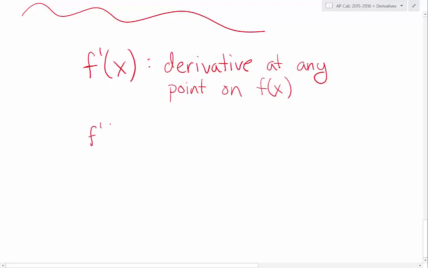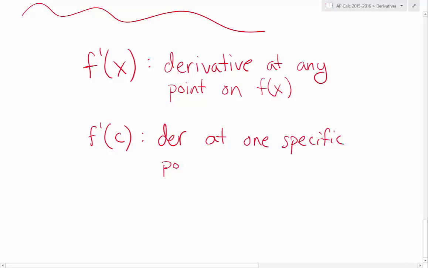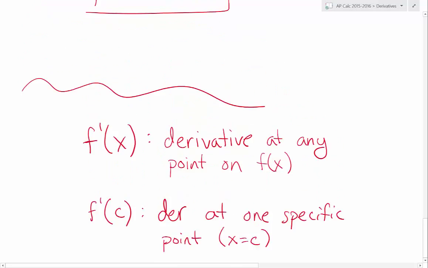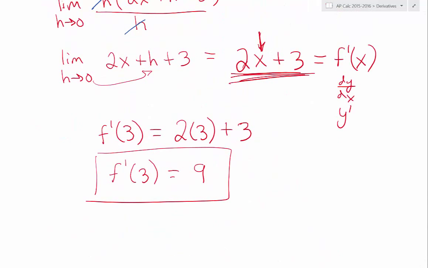So f prime of x is going to be the derivative, the slope anywhere on f of x. And then if we have f prime of some number, we could call that f prime of some c, a constant number, that's going to be the derivative or the slope at one specific point, and that point would be when x is equal to whatever number you plug in. So this 2x plus 3, that's our f prime of x.